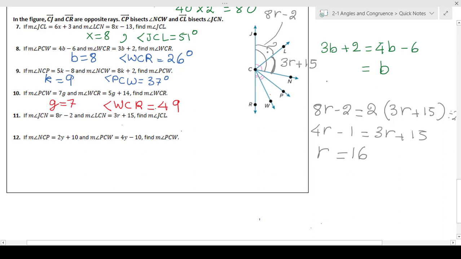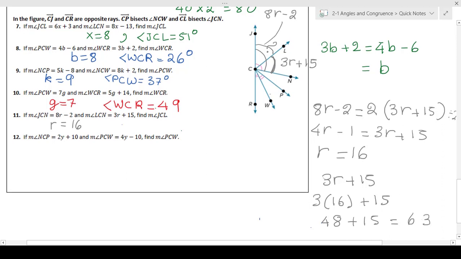Okay, then my r is equal to 16. And he wants this angle, which is exactly equal to the other angle. So 3r plus 15, I can substitute with 16, and this is equal to 48 plus 15, which is equal to 63. And my angle is 63.